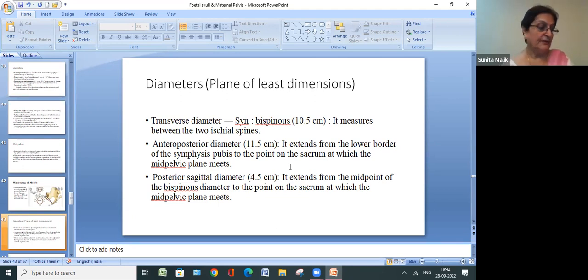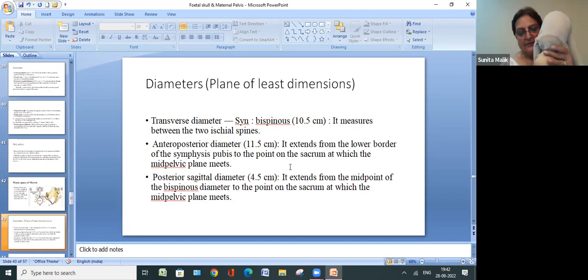So that's why, when the fetus has to come out, it engages in the transverse diameter, because the transverse diameter of the inlet is more. But as it reaches the ischial spines, it starts rotating.